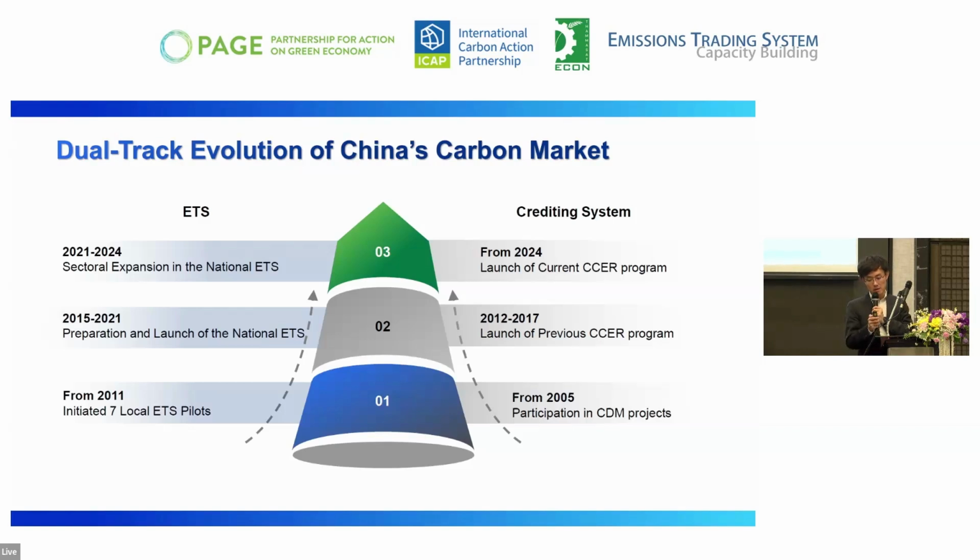It's already the second phase of the CCER program, which is really new, because the prior CCER program was like a copy-paste from the CDM, with 200 more methodologies and 1,300 more projects registered. But now there are only 18 methodologies in the system, and only 20 million CCERs have been issued in the new system right now.